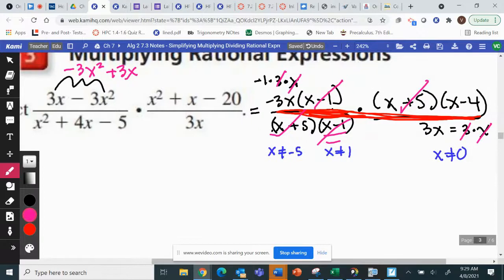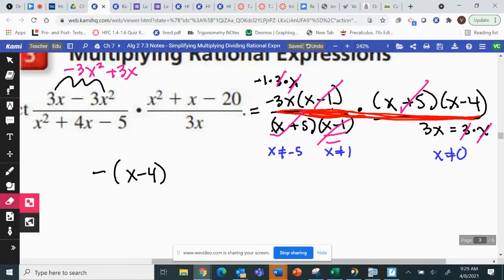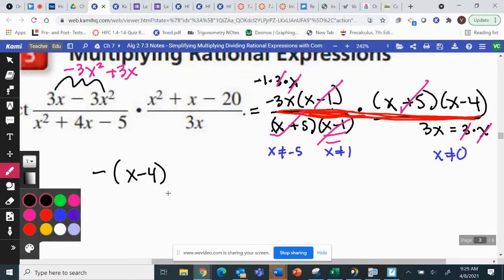So I'm going to rewrite what I have. I have a negative 1 times, I don't need the 1 part, negative times x minus 4 over, oh, did we cancel everything out of the bottom, huh? So not over anything. So what are our domain restrictions? What's in the denominator here? What is my denominator?